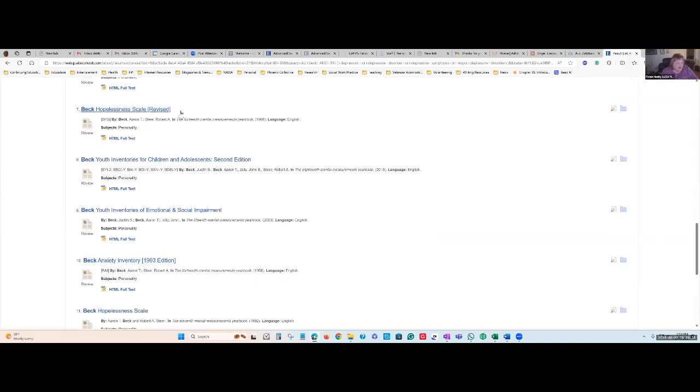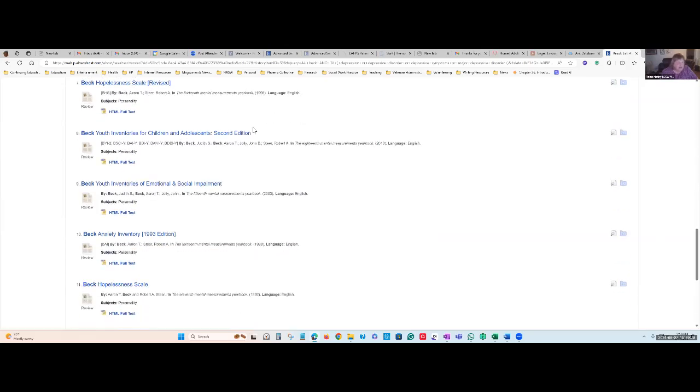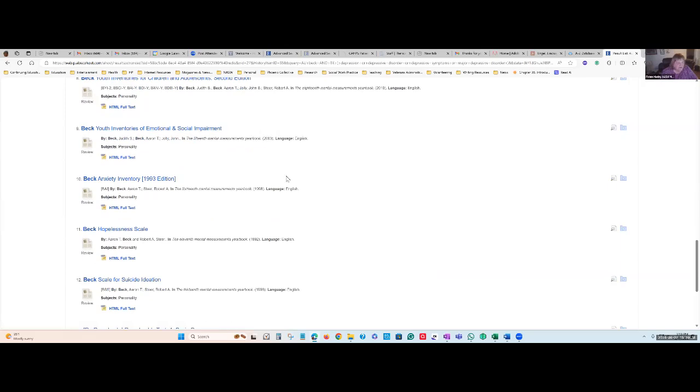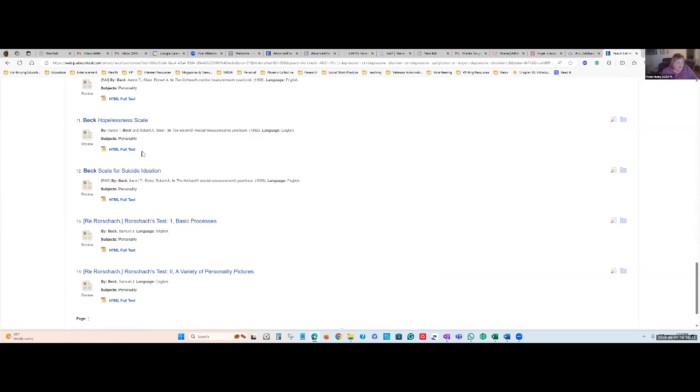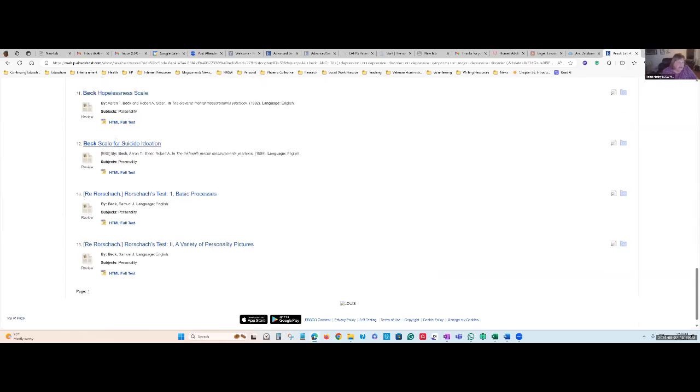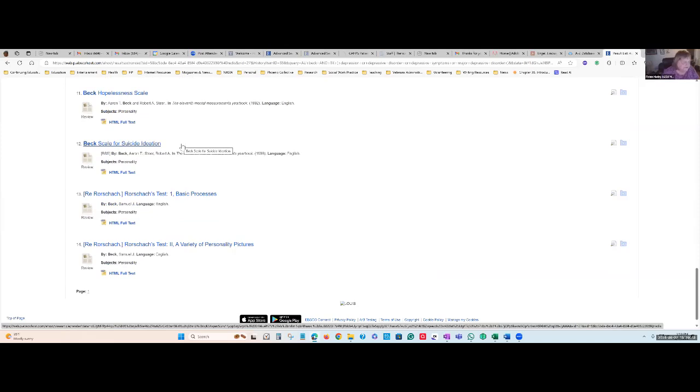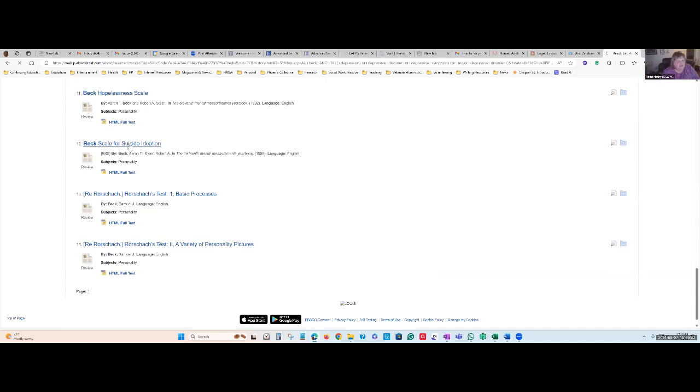I happen to like the Beck Hopelessness Scale. A lot of people don't know that he also has an anxiety scale. I use this one all of the time because I have a lot of clients who are suicidal. So I use the Beck scale for suicide ideation.